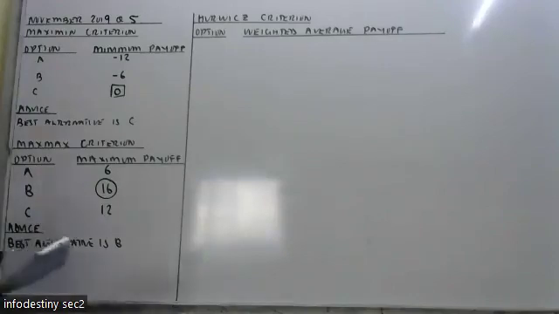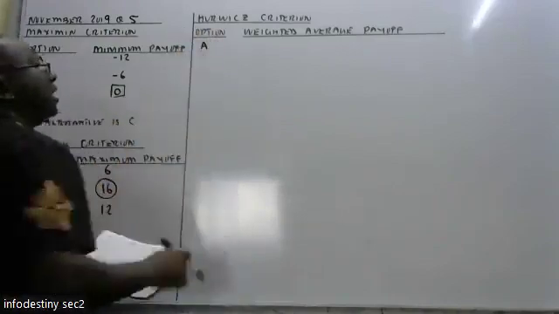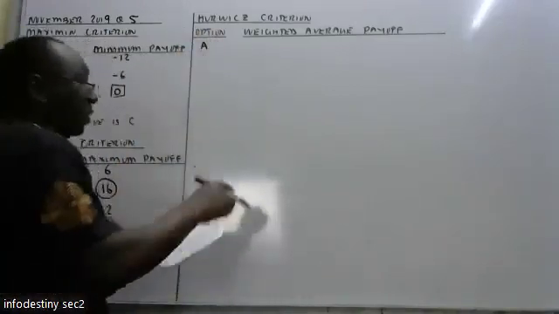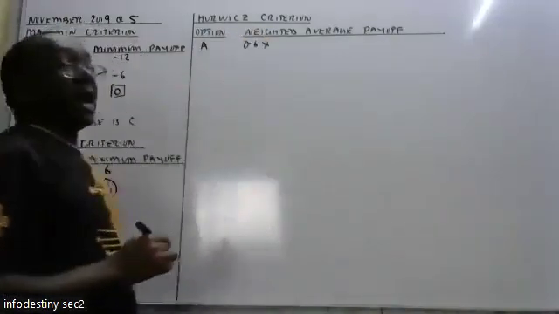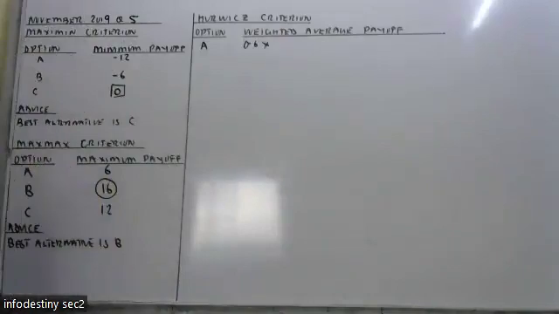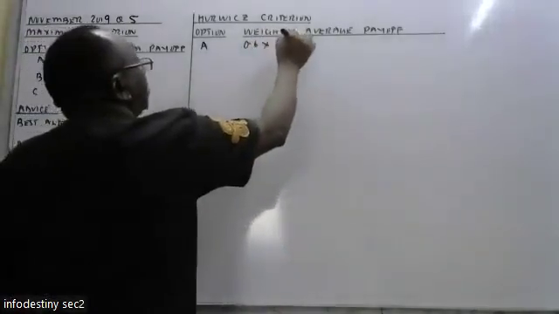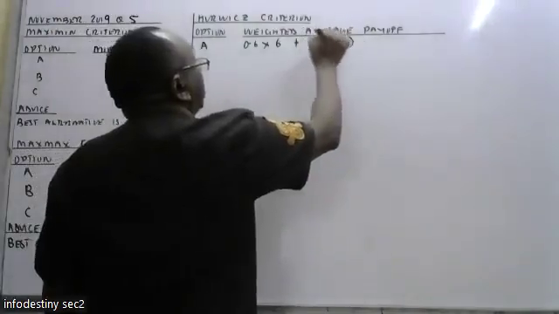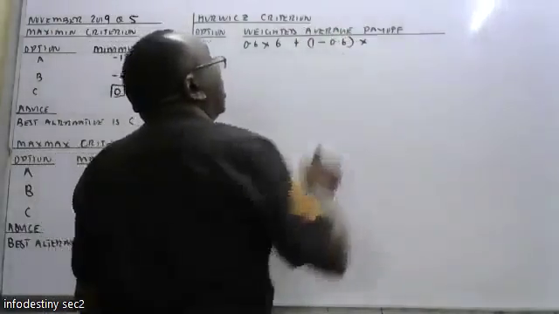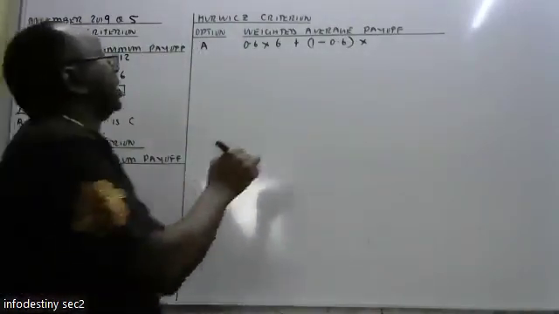So when you come to A, we get the alpha. Alpha is 0.6. Now this one, you multiply by the best. The best in A is 6. Plus 1 minus alpha, so 1 minus 0.6, multiplied by the worst. The worst in A is negative 12.